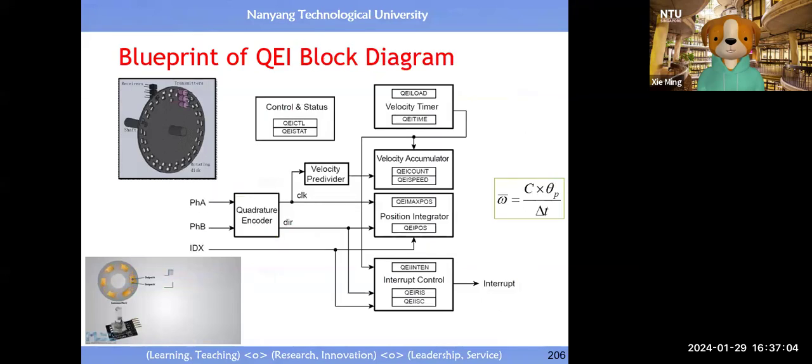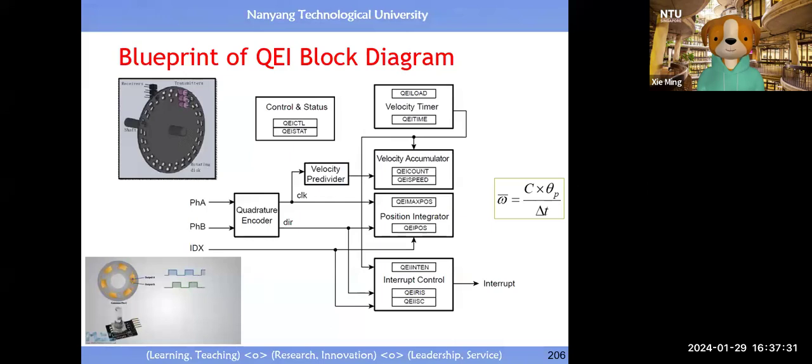So this is just for you to know. And look at the diagram, it's very, very simple. You see, you have phase A, phase B, IDX. IDX is signal R, the reference signal to indicate zero position. Now you see the 3 input signals are there, yes or no? A, B, X. X means R or I, right? And another thing is, this one has a velocity pre-divider.